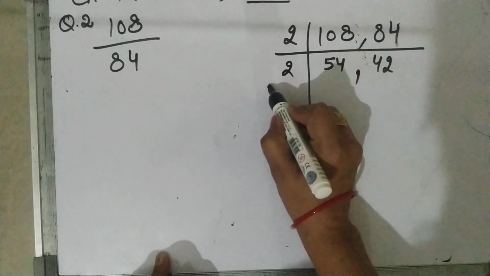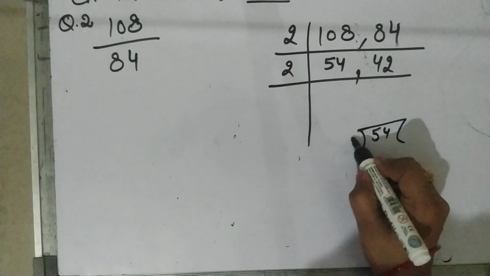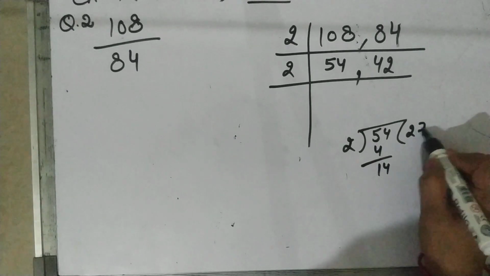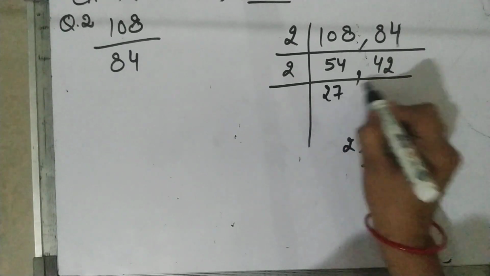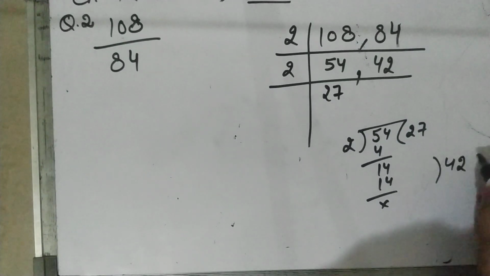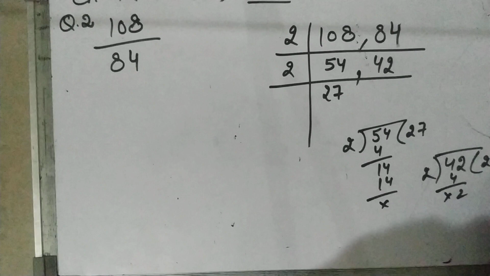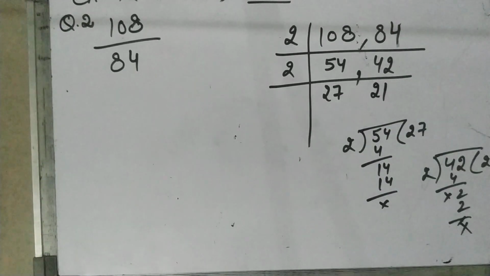Again, 2 is a common factor for both. 54, 2 2s are 4, 2 7s are 14. So write 27 here. When you divide 42, 2 2s are 4, 2 1s are 2. Write 21 here.